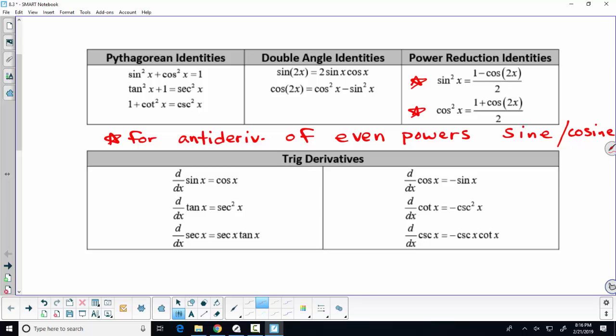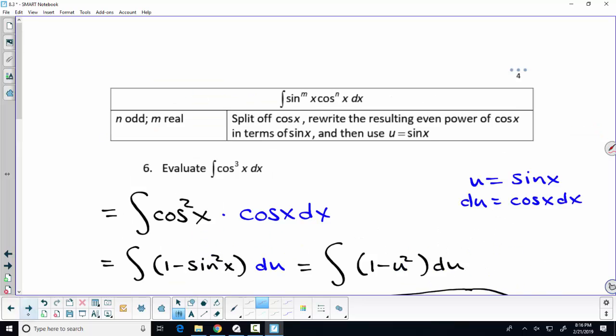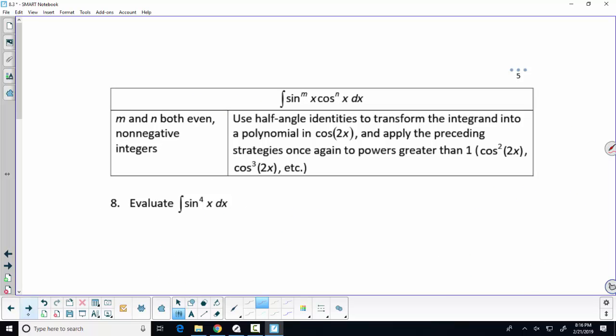You just keep applying those. You get a square at a time. So with this one, sine to the fourth, we're going to have to apply that identity two different times in order to integrate sine to the fourth.